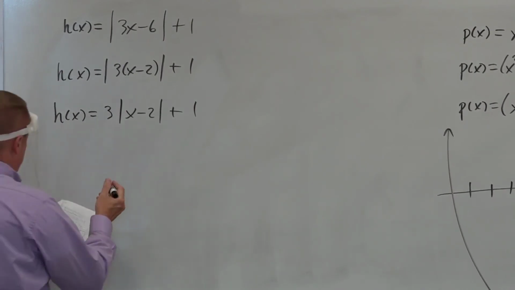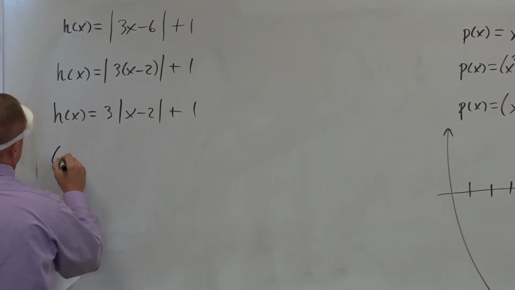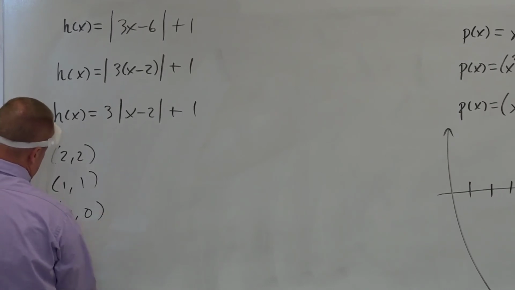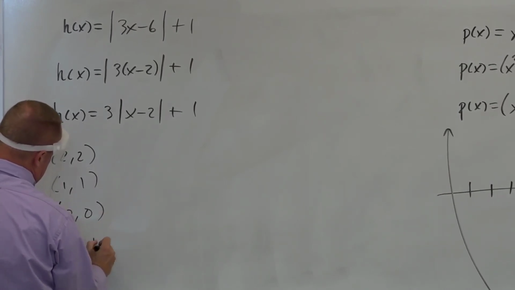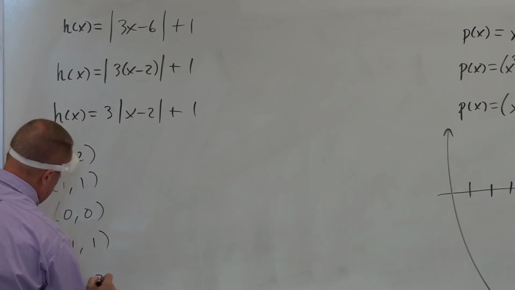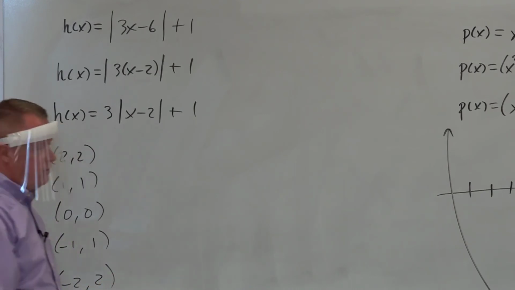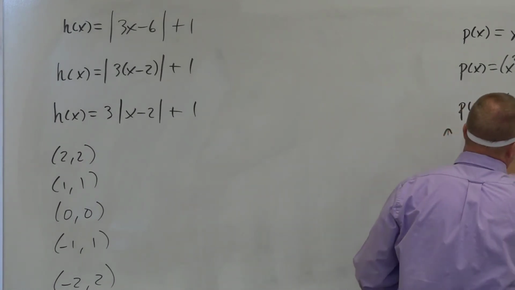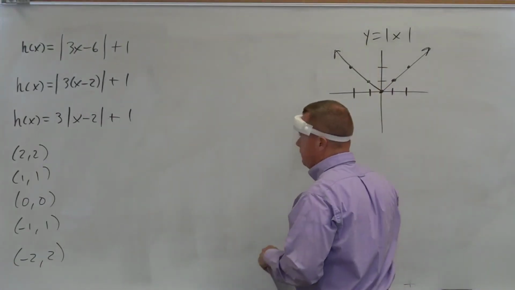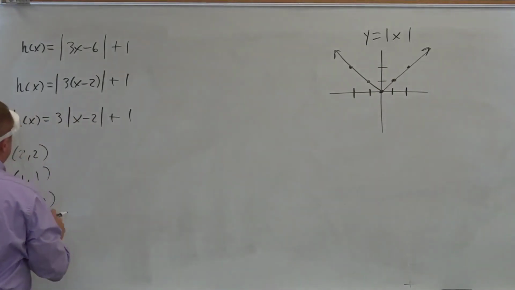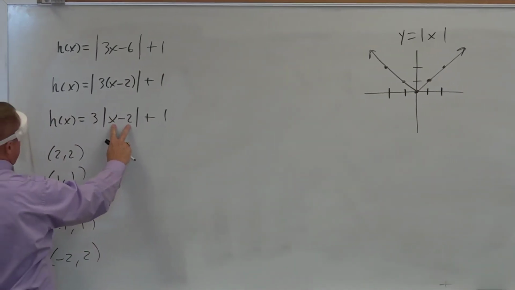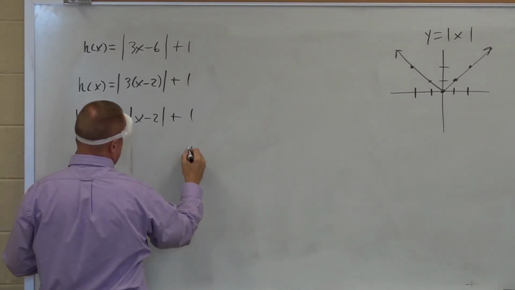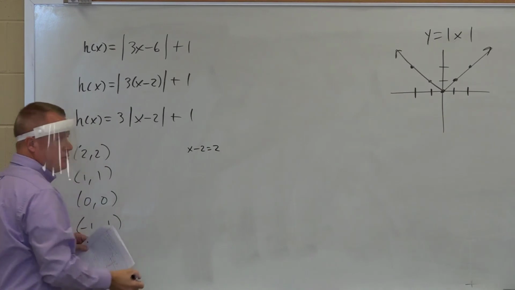So what I would want to do here then, that would be my points for my normal absolute value function. The x minus 2, if I set x minus 2 equal to 2 there, then I just add 2.